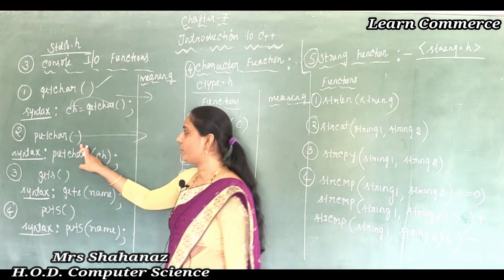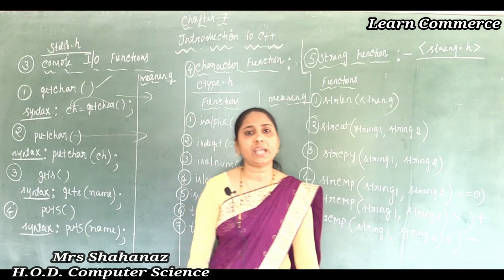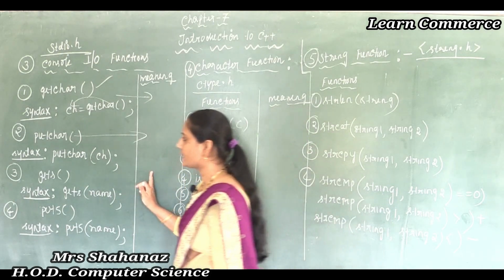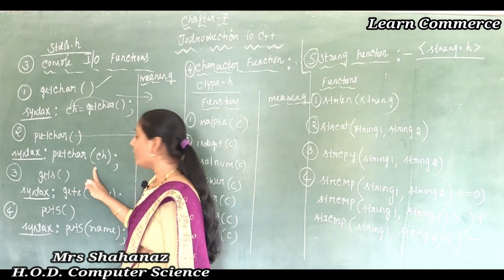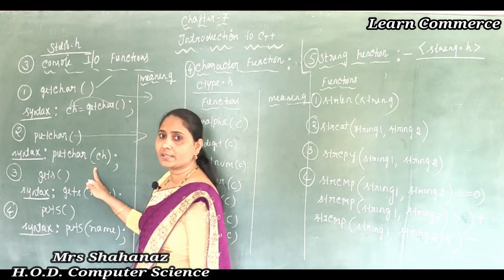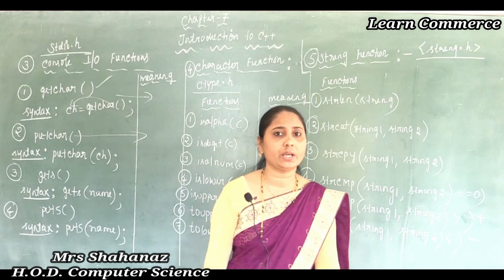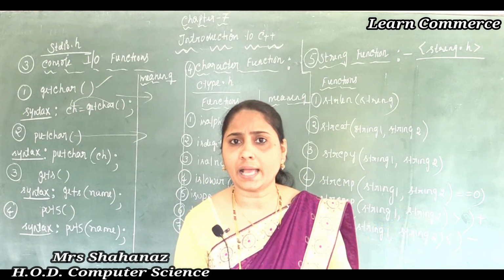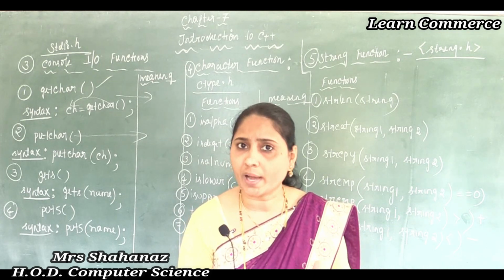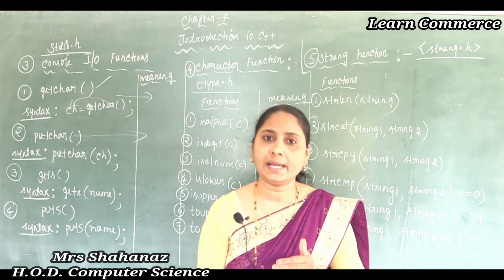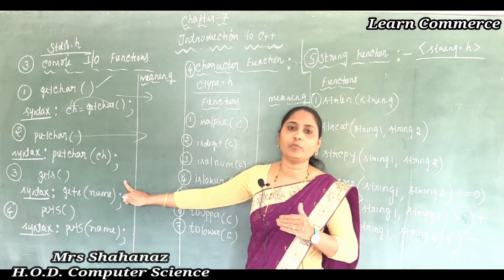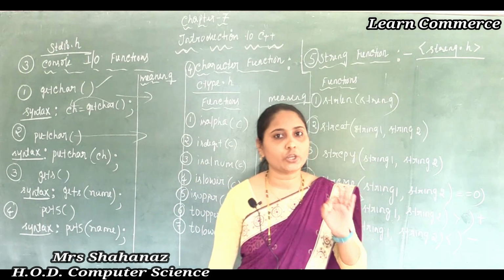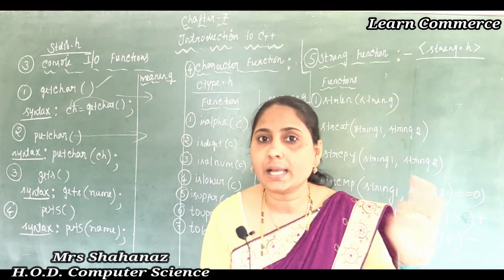Now what's the second function name? The second function is putchar. The syntax is putchar(ch); As we know, getchar accepts a single character from the standard input device until carriage return is entered. The putchar function is used to display the single character.